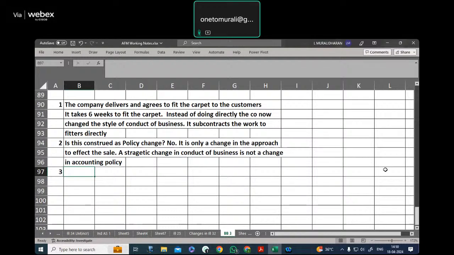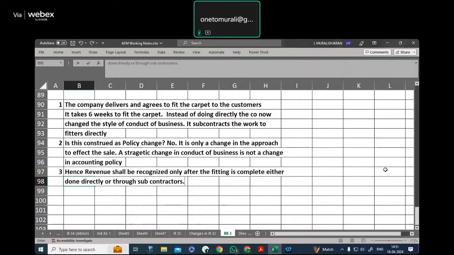So, hence, revenue shall be recognized only after the fitting is complete, either done directly or through subcontractors. Right.